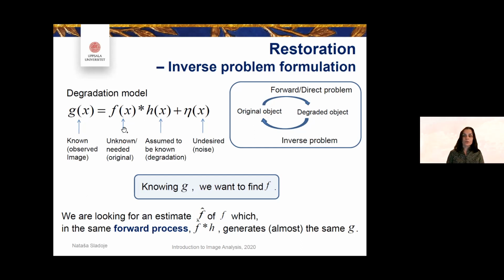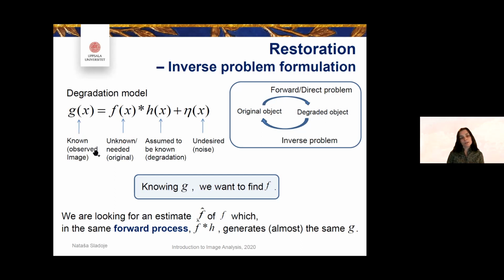So in order to find something that is as similar as possible to f, now we are trying very many different possible options for f. We are using the forward problem, and we are looking for the results which are similar to G, which we have, the observed function.